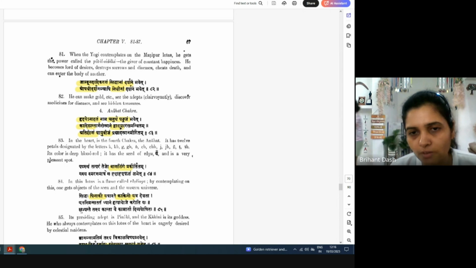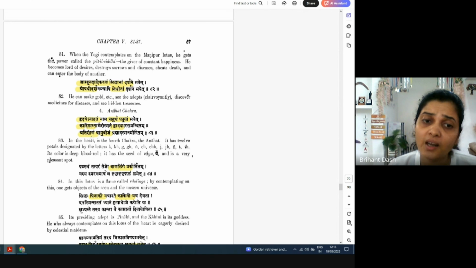Dwadash means 12. These 12 Varnakshar, Ka to Tha, are there for Anahat, and the color is Ati Shon. Shon means red color. Ati means very red, blood-like red. That deep red color you will see here.